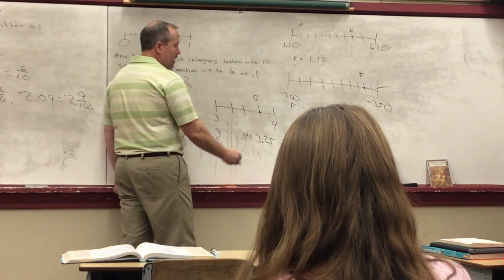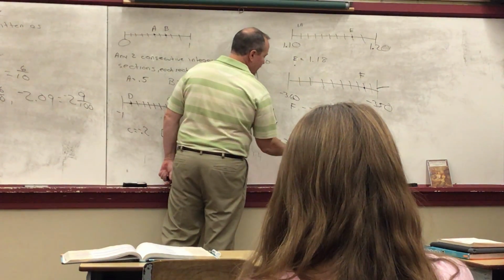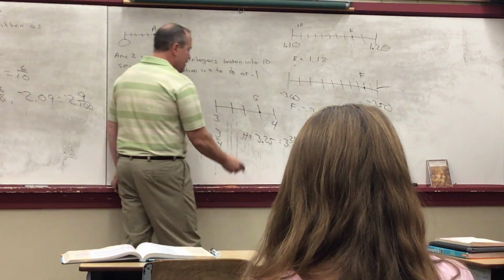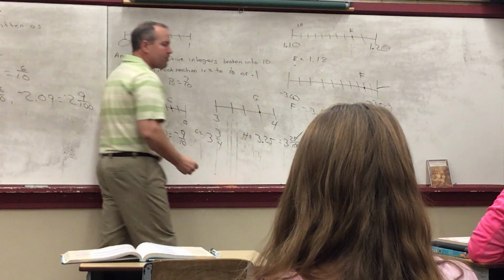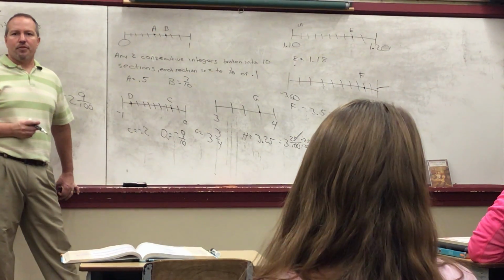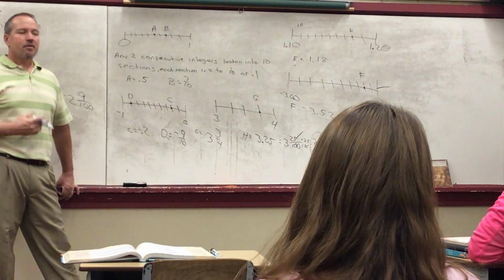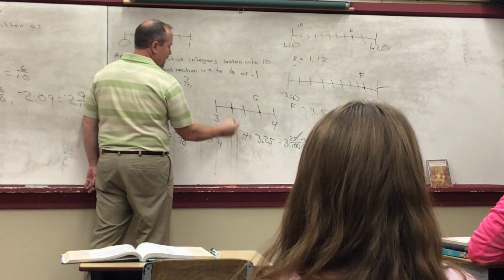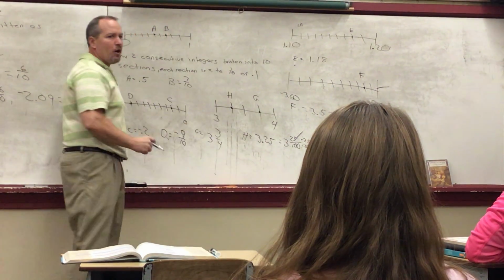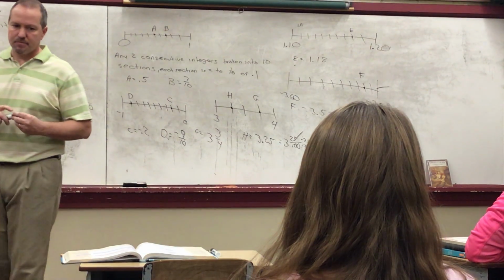Don't forget your whole number. Now 25 divided by 25 is 1, and 100 divided by 25 is 4. So 3 and 25/100 is also the same as 3 and 1/4. 3 and 1/4 is located where? The first place beyond the 3. So there is where point H would be located.